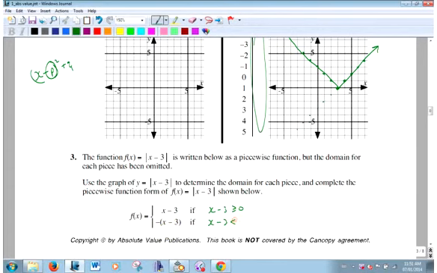If this thing's less than 0, I just put a minus in front of it. That's all I did last time. Last time my function was just x, so I just took negative x. Now my function's x minus 3, so just put a minus in front of it. Minus x minus 3, which without the brackets, of course, is minus x plus 3.